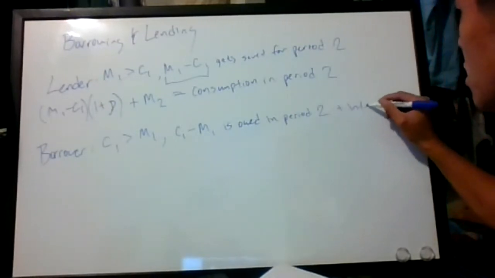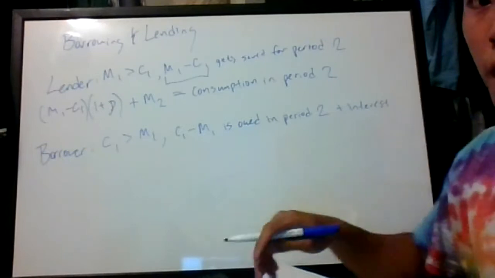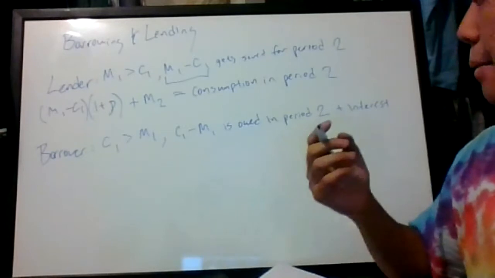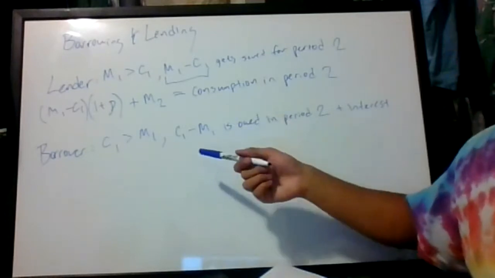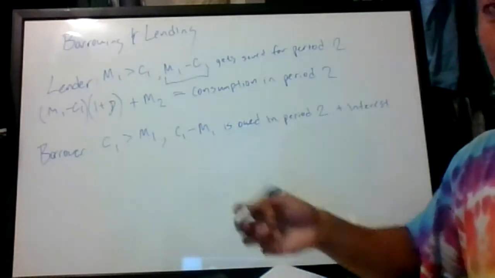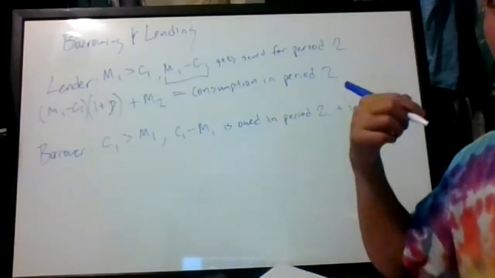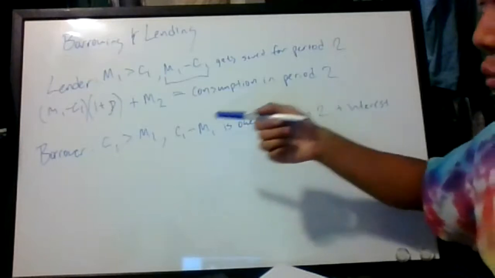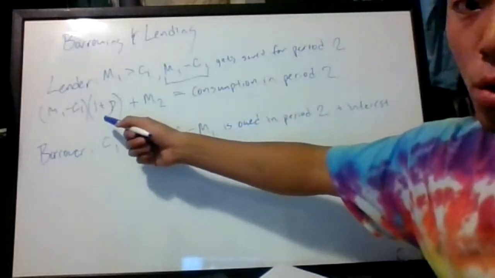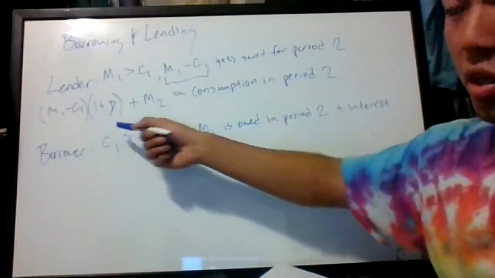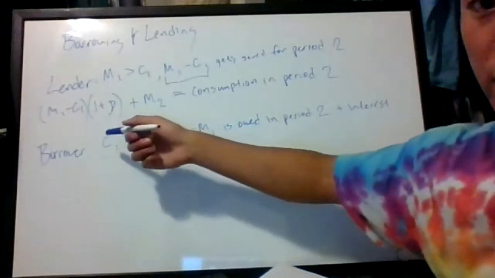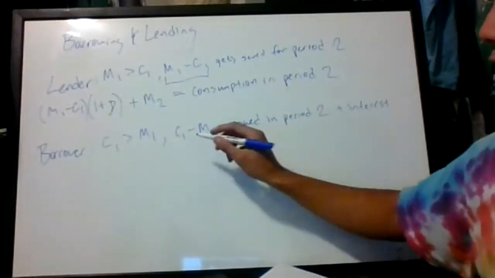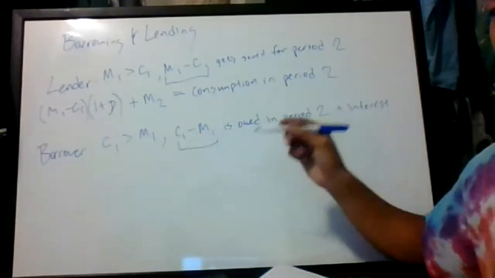plus interest. So if you're familiar with bank loans, which I don't assume you would be, we know that when we borrow money, there's a certain interest rate that we're going to have to pay. And we made this assumption right here that when we save money, there's a certain interest rate that we get for saving. So this is what the bank pays us in order to save. Now this money right here is money that we're going to owe.